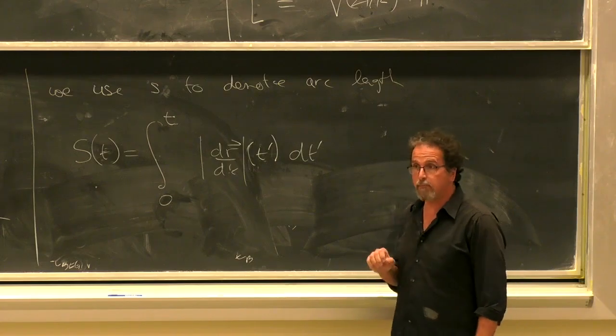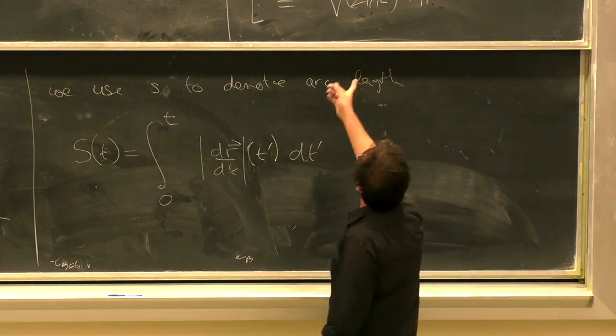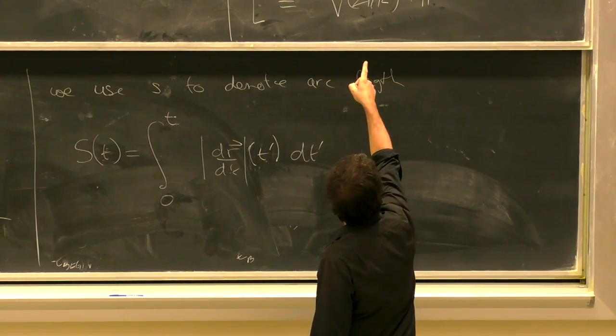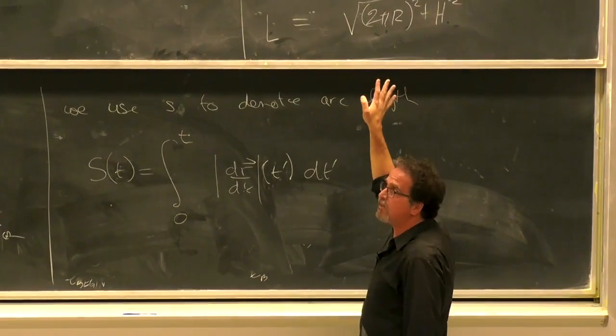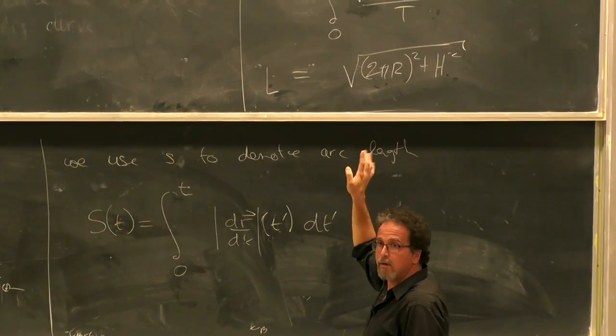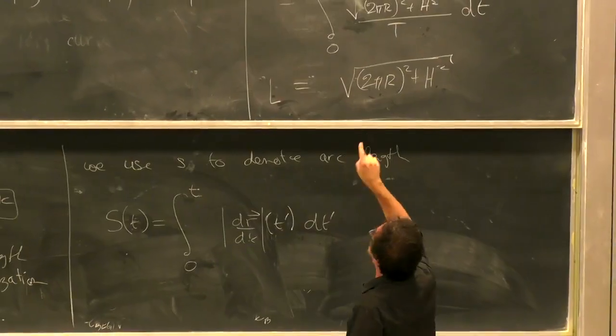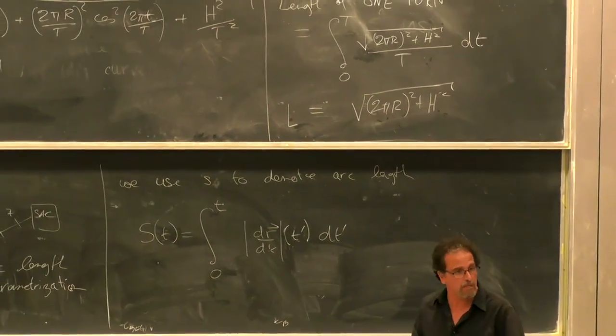So let's see what that would mean for the previous expression. If I go to this previous expression here, everything inside the integral remains the same. The only thing that changes is the upper bound. Instead of capital T, you have little t.